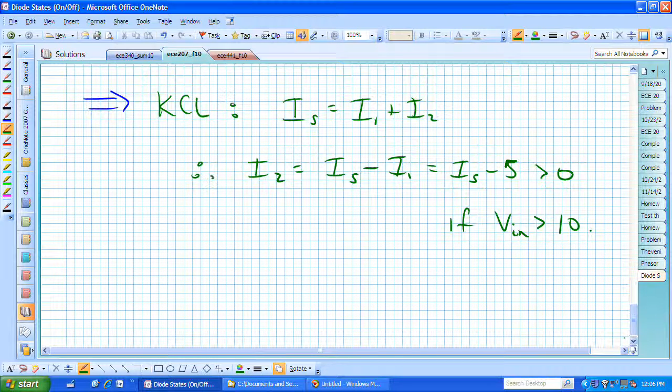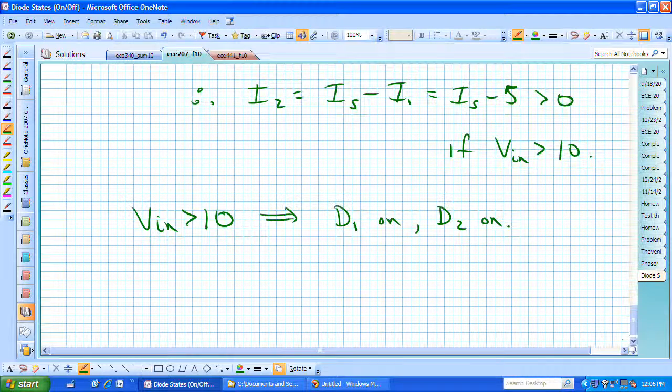That says then that Vn bigger than 10 will provide us with D1 on, D2 on. And Vn being bigger than 10 will then be allowing I2 to have current flowing in the positive direction, or essentially we're charging that 5-volt battery.